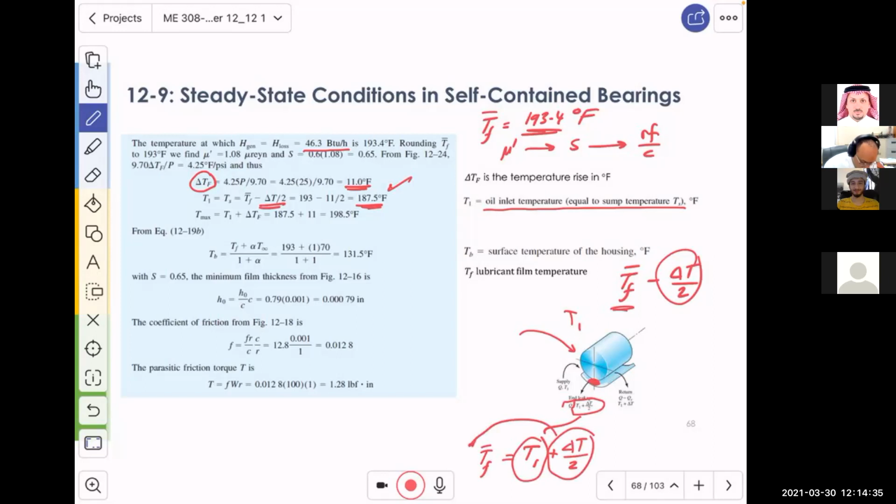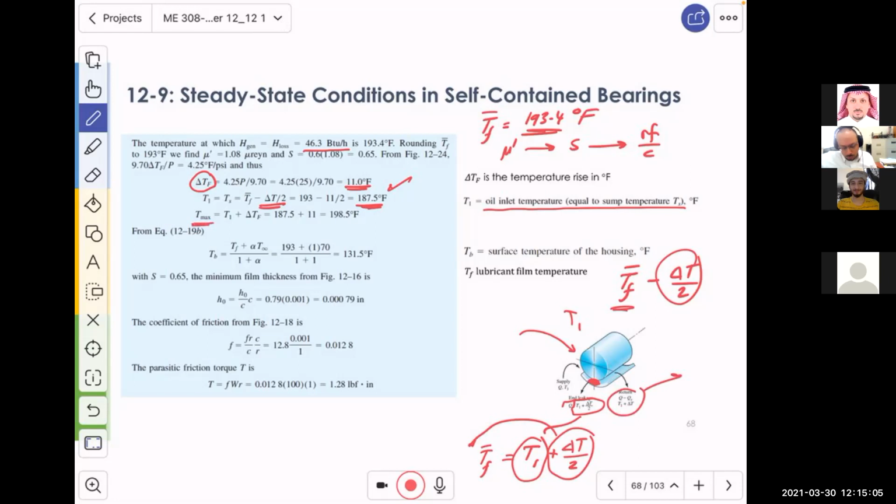Now, how about Tmax? Well, we know that as the fluid goes in that little region, pressure increases, temperature increases, friction, and then it gets out with high temperature. That's the whole problem here. In that little tiny region, this is where the heat is generated. Now, the oil will take it out. That much is Tmax.